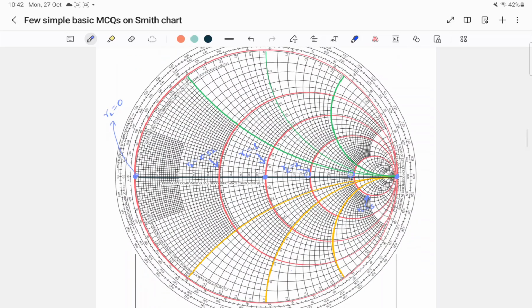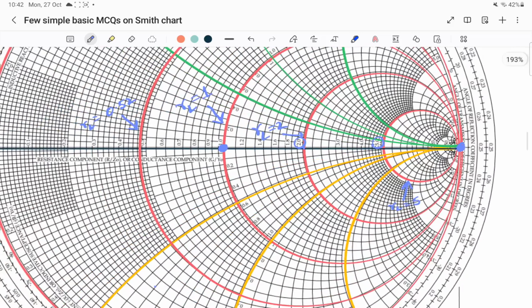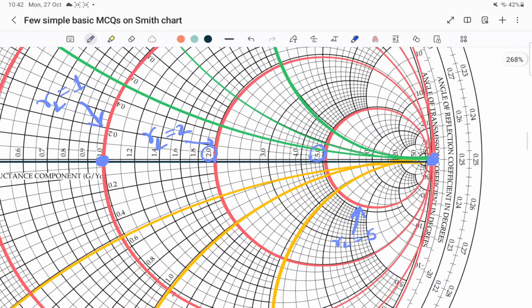Okay, alright. So one may easily say that if the radius of these constant resistance circles decreases to 0, that means the circle no more remains and it just becomes a point, such as this point.